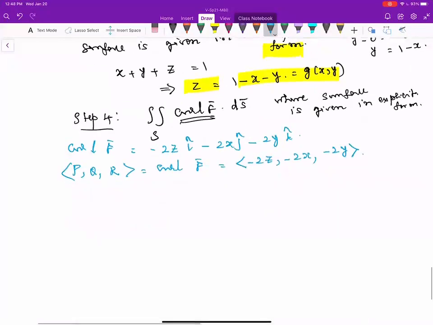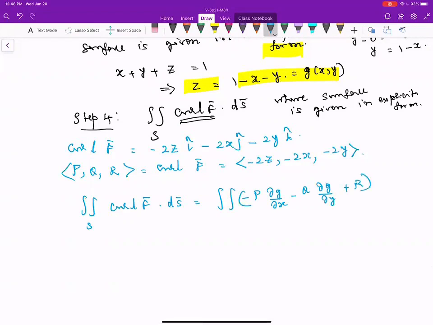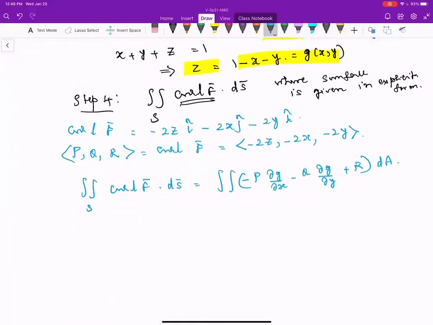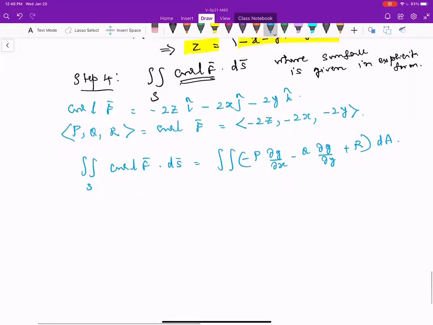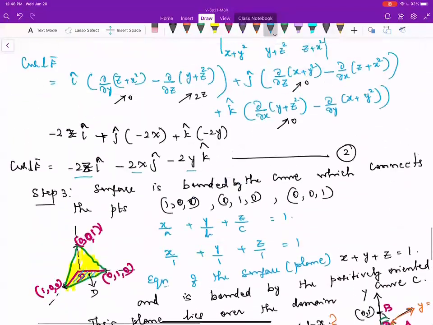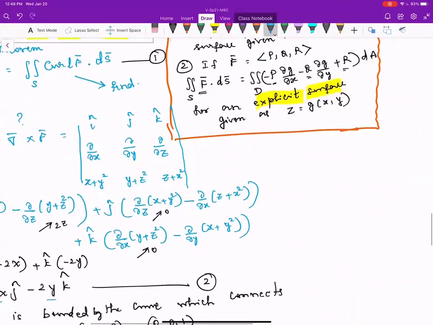Now, in order to do this surface integral, we use negative P dou g by dou x minus Q dou g by dou y plus R dA, which is dy dx or dx dy, over the parametric domain. So what are we using here? This particular formula that we wrote here.